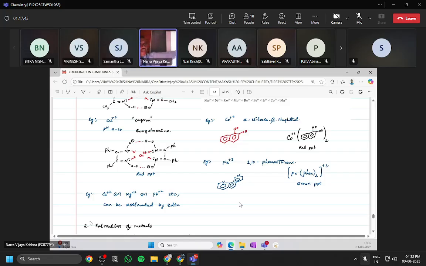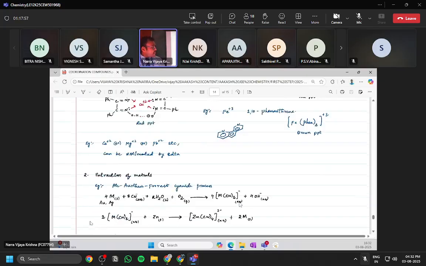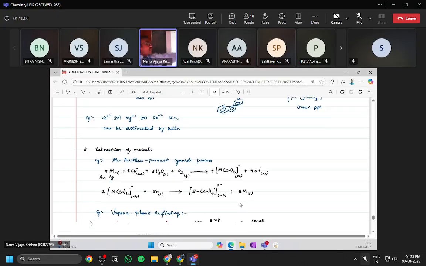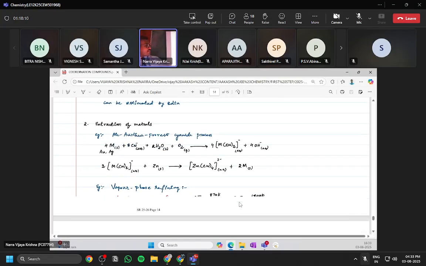So by using these types of ligands, we can estimate nickel, copper, cobalt, iron, etc. Right? For identifying and estimating metal ions, we can use formation of complexes. Now, calcium, magnesium, lead can be estimated by adding EDTA. Next, extraction of metals.